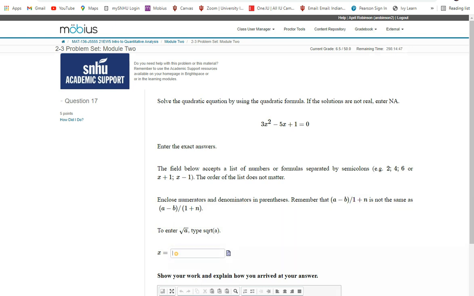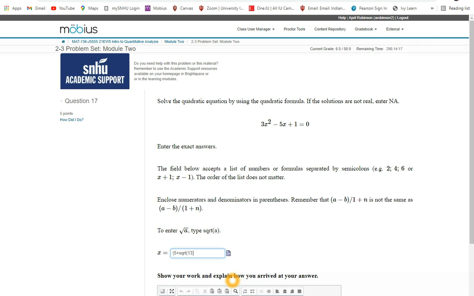Okay, so parentheses, and it is 5 plus, and it said square root of a, so, oh, I forgot to hit shift, sorry. Shift. 5 plus SQRT parenthesis 13.